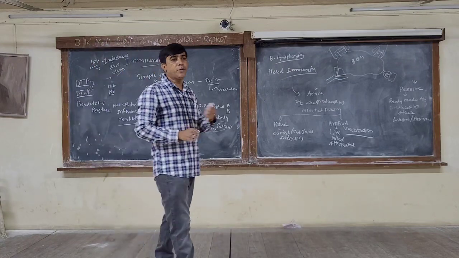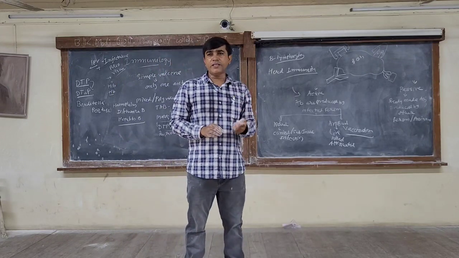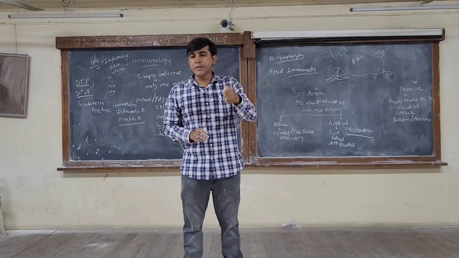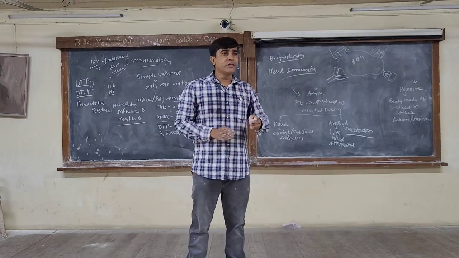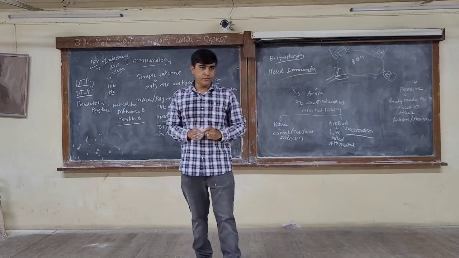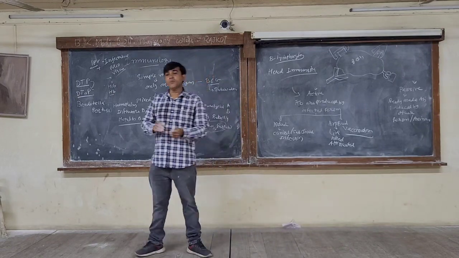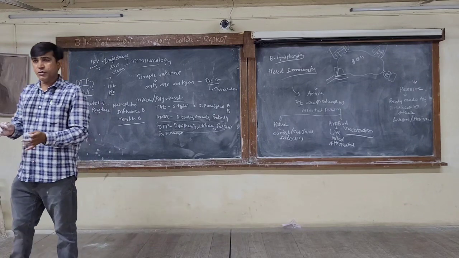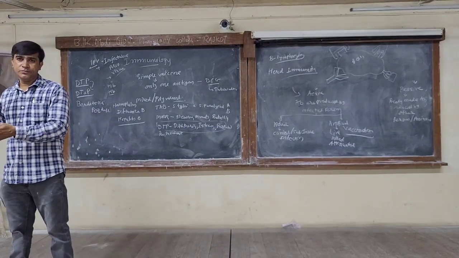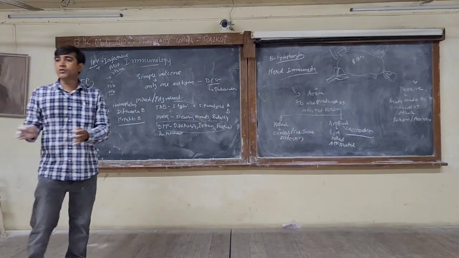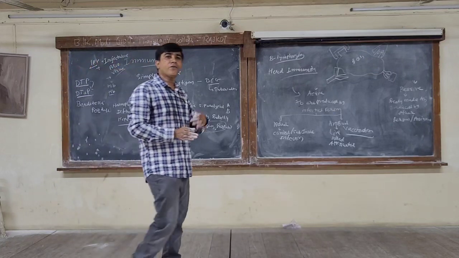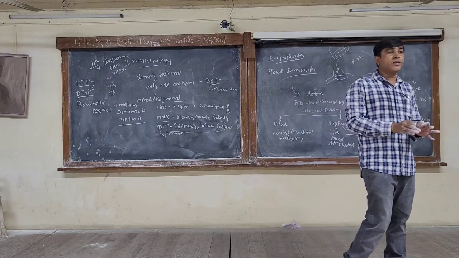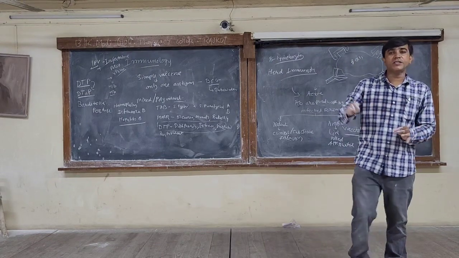Now herd immunity is important. Let me give an example that sometimes some kids are immunocompromised. They are immunocompromised because of some disease or some treatment. So suppose a child is suffering from cancer and the child is going through the treatment of anti-cancer drugs. Now it is a normal side effect of anti-cancer drugs that they suppress the immunity.